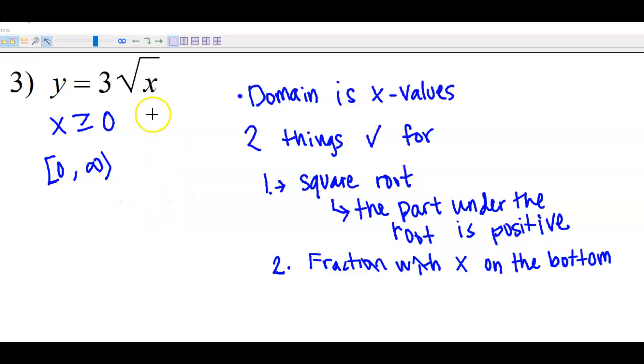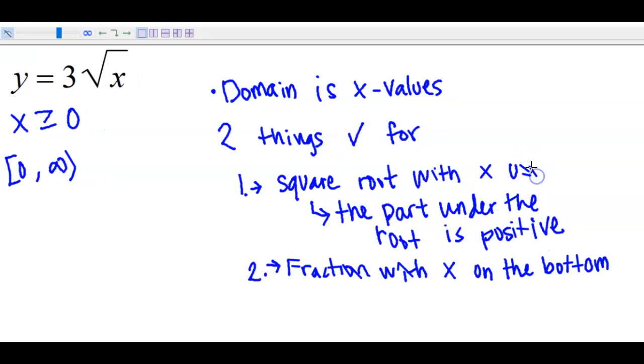In other words, you can just use any x value from -infinity to infinity. So the first thing you want to do on these is check for either of these conditions. Is there a square root with an x under it? If it doesn't have an x under the square root, then it's fine. Or if there is no fraction.